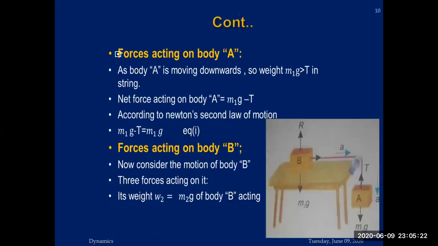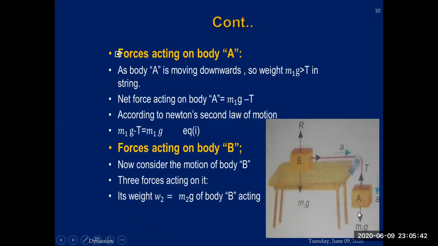Now, case B is different. One body is resting on a horizontal table. It is connected with a string which moves over a frictionless pulley. Another body hangs vertically. Body A is greater than body B, so it is moving in the downward direction. The block is moving on the horizontal table towards the pulley.